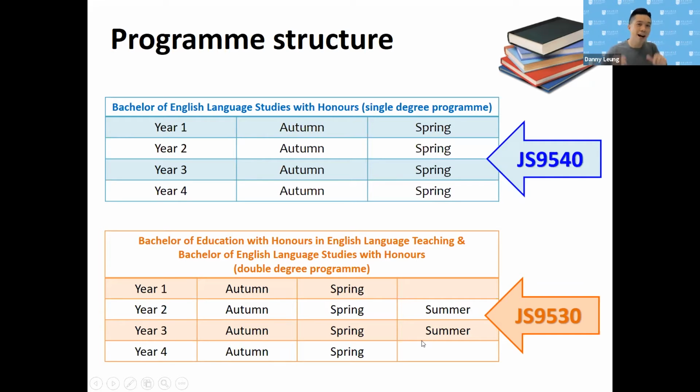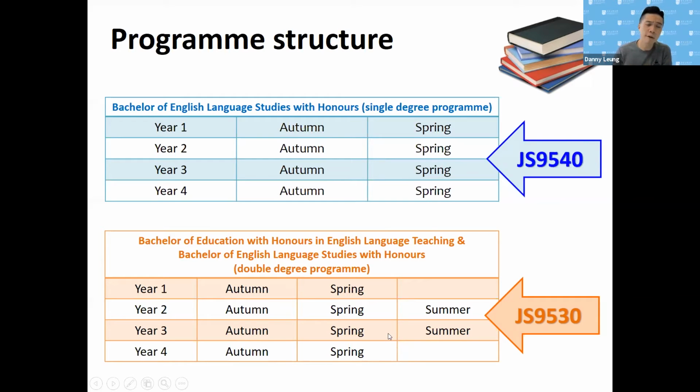So by taking advantage of your 2 summer terms, you would be able to finish a double degree program in 4 years, which is exactly the same as how the single degree students would spend their time completing their program. Now, this is actually an advantage.